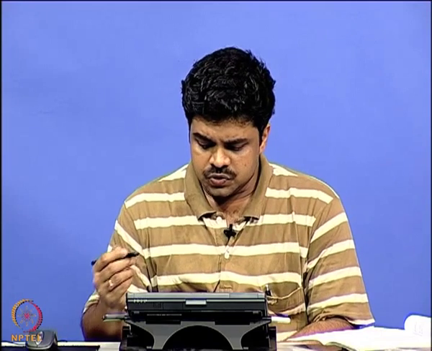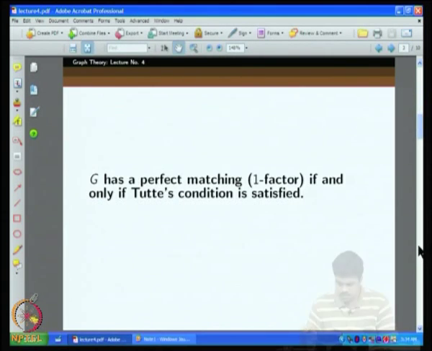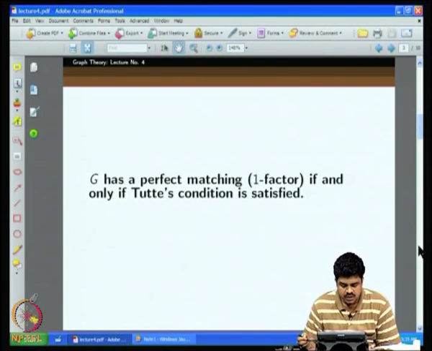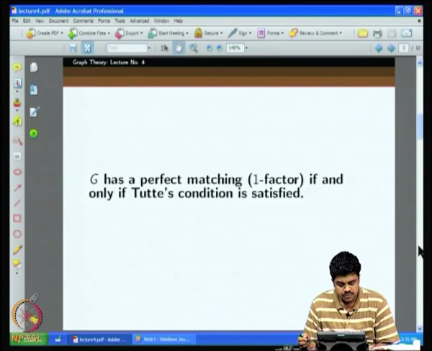That is what Tutte's condition says. Tutte's theorem says that Tutte's condition is a necessary and sufficient condition for the existence of a perfect matching in G. That means G will have a perfect matching if and only if Tutte's condition is satisfied.